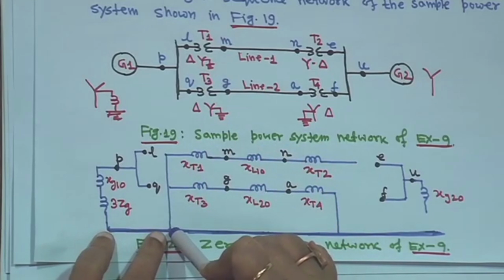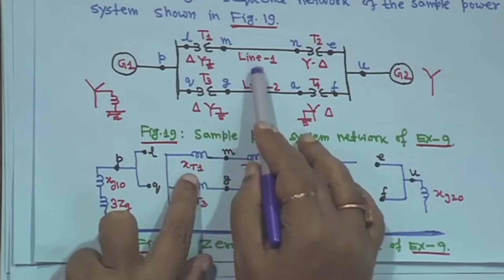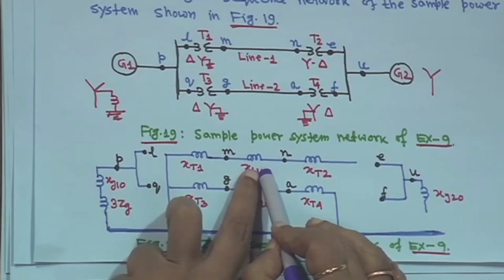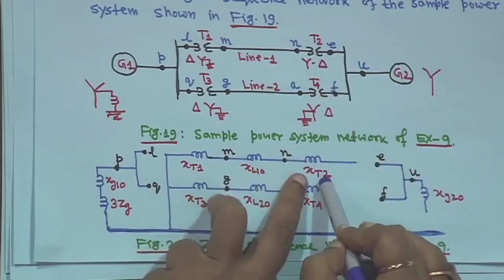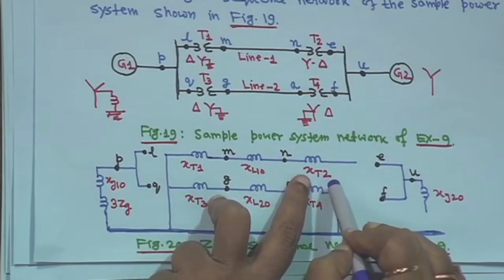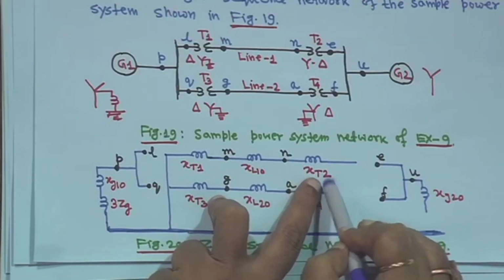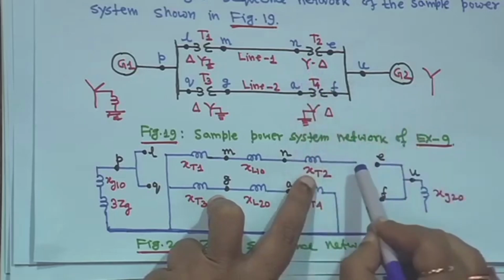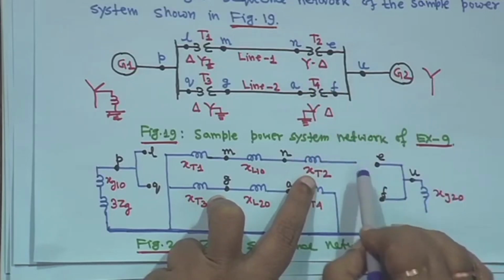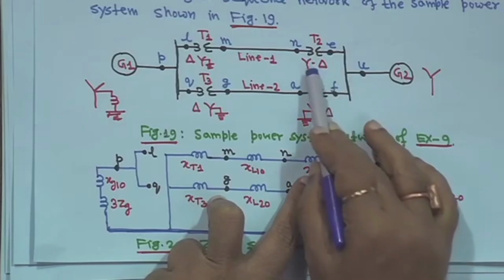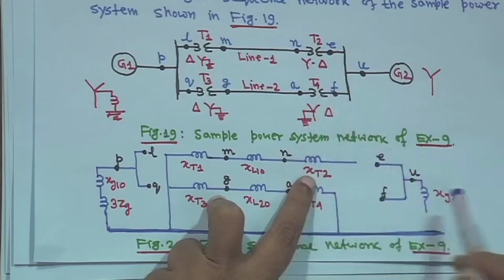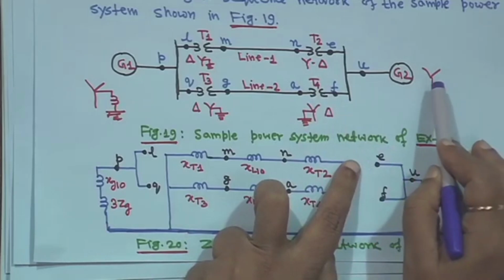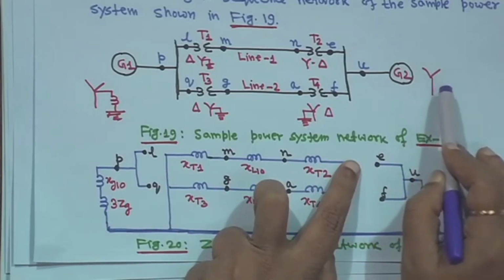Then you take XT1, then consider line 1, XL10, then transformer 2, you take XT2, but here star is not grounded, that means it is isolation, it is open, because star is not grounded. And if you come to this side, this generator, this star is connected ungrounded.